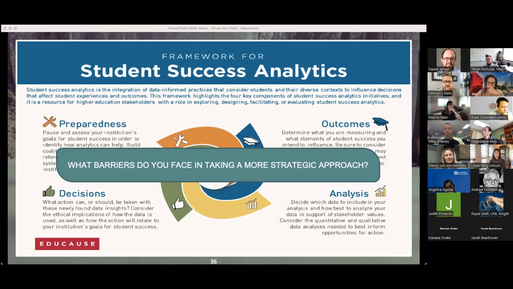Other barriers to moving in this more strategic direction, in having this bigger view. Mitchell, I'd point out for us, when we first started down this path, we had a lot of energy in the different collaborating units across campus, and we had people who were willing to set other projects aside and really get behind this.